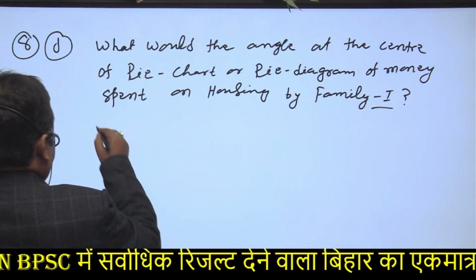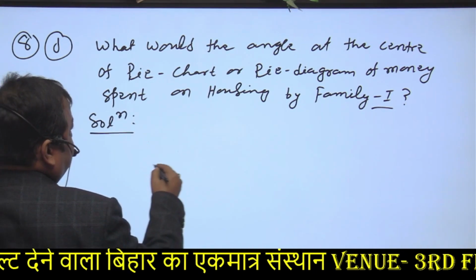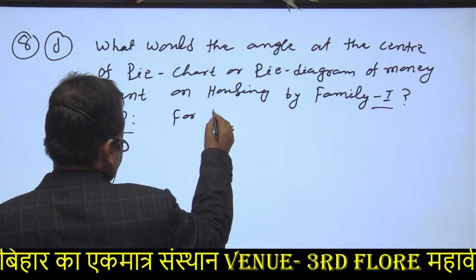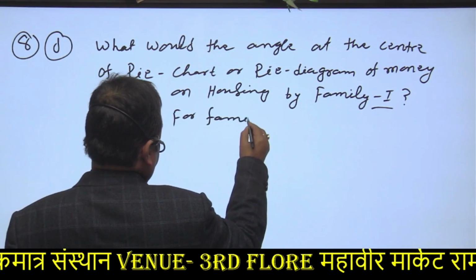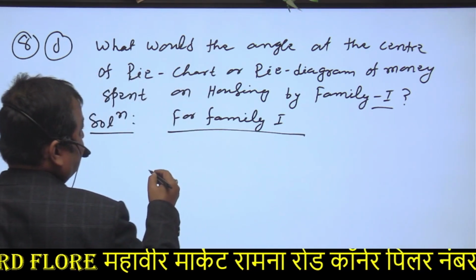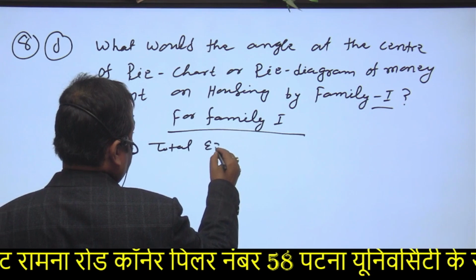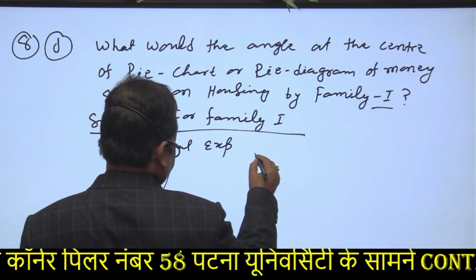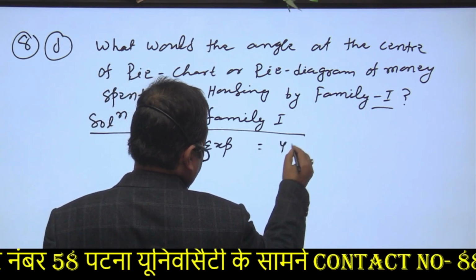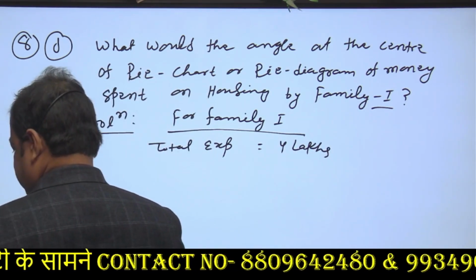So in this segment only family one is under consideration. For family one, total expenditure equals 4 lakhs.